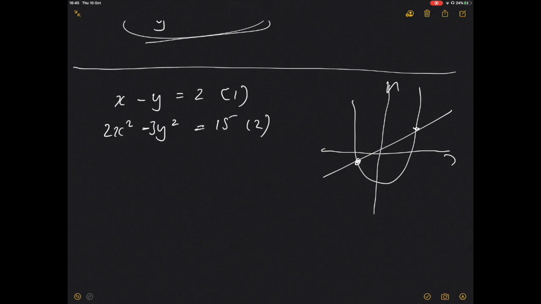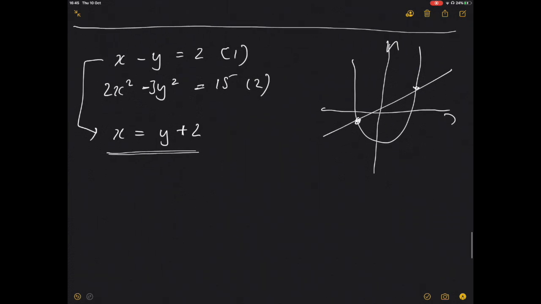But we have to do this in a slightly different way because we need to do a little bit of rearrangement. So what happens if we work out in terms of x what things are? So if we look at equation 1, we can say that x equals y plus 2. Okay, so that's quite nice and tidy.